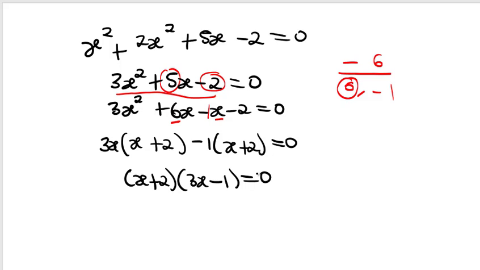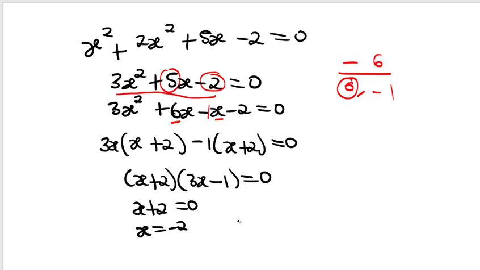We try solving for x. In this case, we take each linear factor here, then we equate it to 0. So we have x plus 2 is equal to 0, so x will be equal to negative 2.